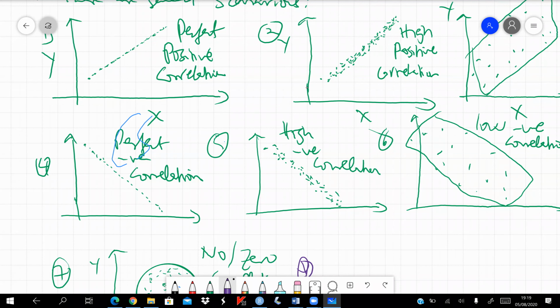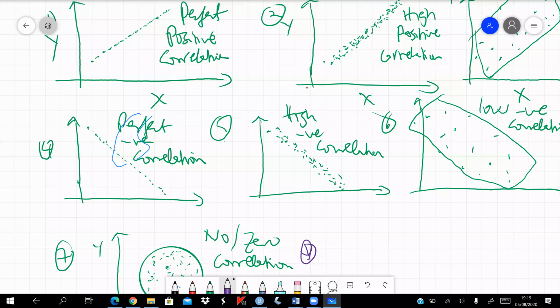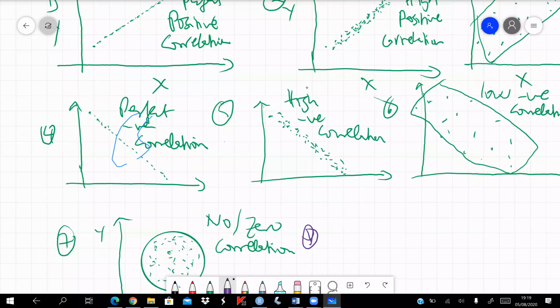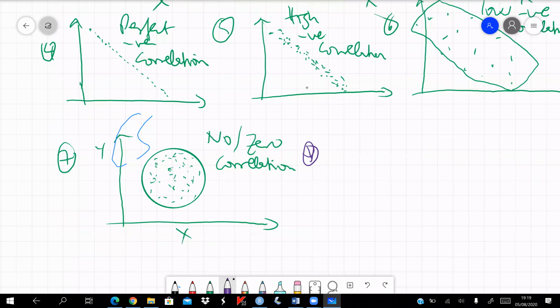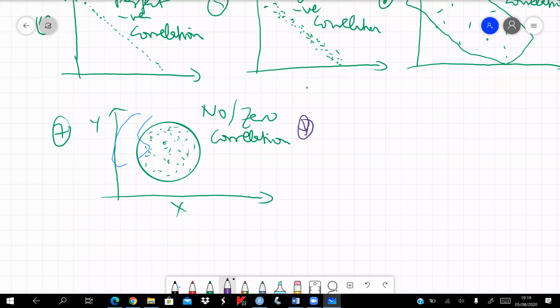So if you're observing scenario 2, 3, 4, and 5, you may want to go ahead and perform a regression analysis to check which variable seems to depend on which one. Then you are able to now predict or to do forecasting, forecasting the dependent variable given the values of the independent variable. But when you have number 7, you don't proceed to regression. You just stop there and perform maybe other analysis, but not beyond there.